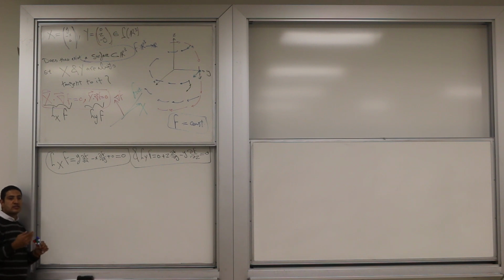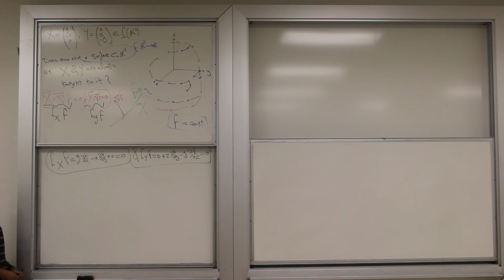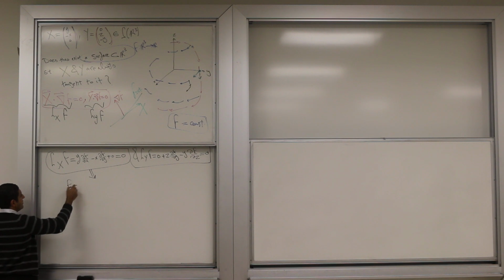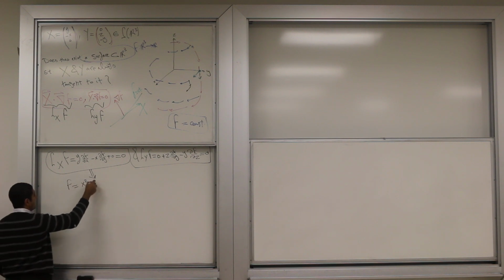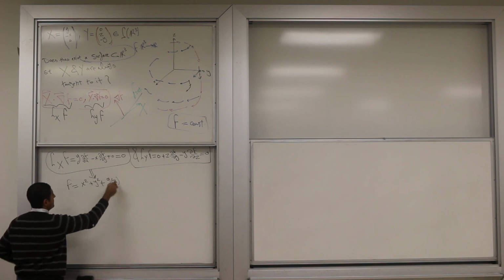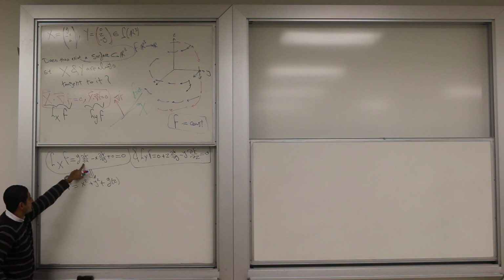right? So we need something simpler, some simple check to answer this question. But before doing that, I'll do it here because this PDE turns out to be easy. Can you find a function that satisfies this particular equation? Yes, indeed. Any function of the form x squared plus y squared plus some constant, and the constant may be a function of z. Why? Because if you differentiate with respect to x, you get 2x.